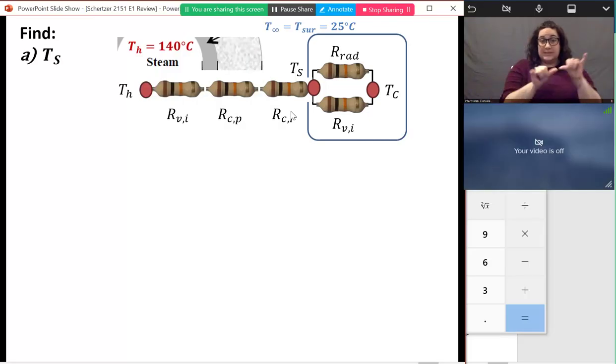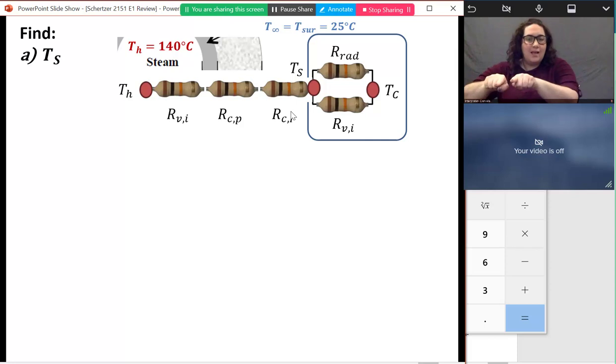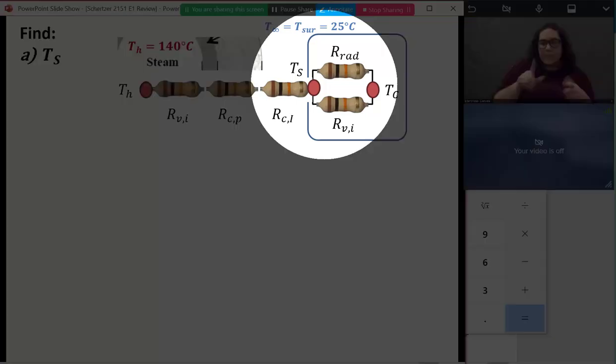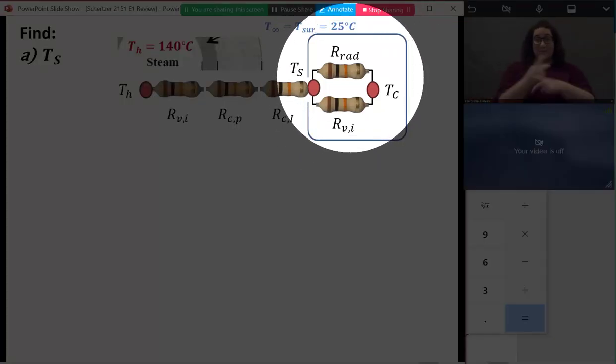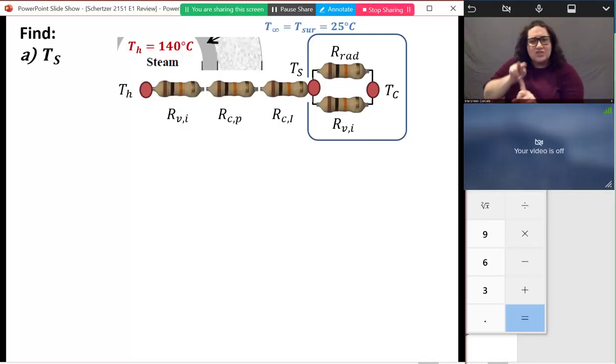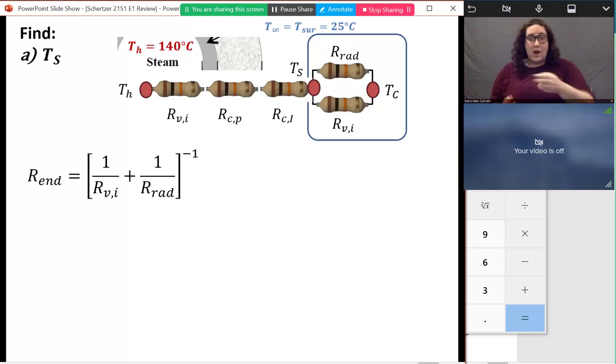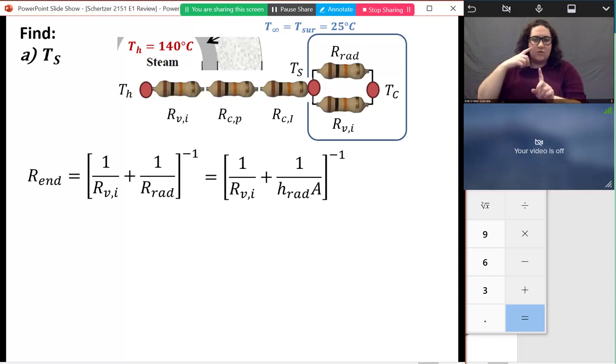So I don't even need to see what the impact on the total resistance of the problem is. I can just see what's the resistance if I take these two parallel resistors, and does adding the resistance from radiation change anything? So I'm calling this the resistance at the end. That's these two resistors in parallel, and I have an equation for that. I already know the convective resistance here, but I want to find the resistance from radiation too.